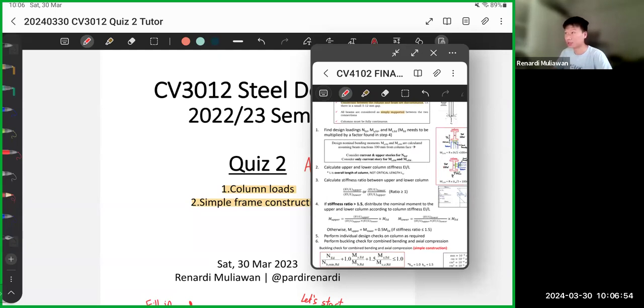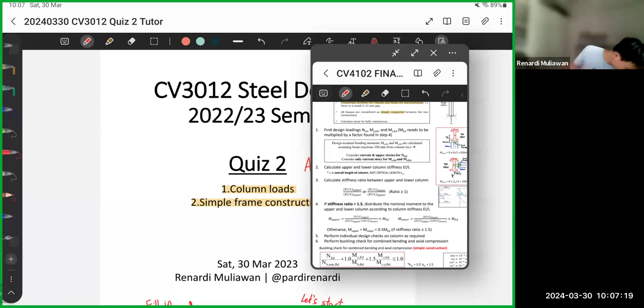So during the quiz, I suggest the first thing is to bring the reference sheet because you need the formulas. The second one is to print and bring the cross section table, because unlike quiz 1, they wouldn't give you the table. You must actually look at your own table.